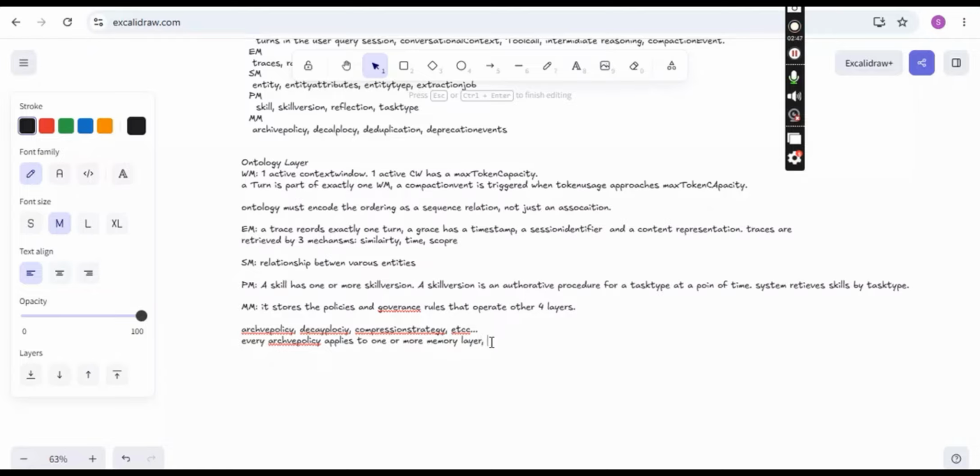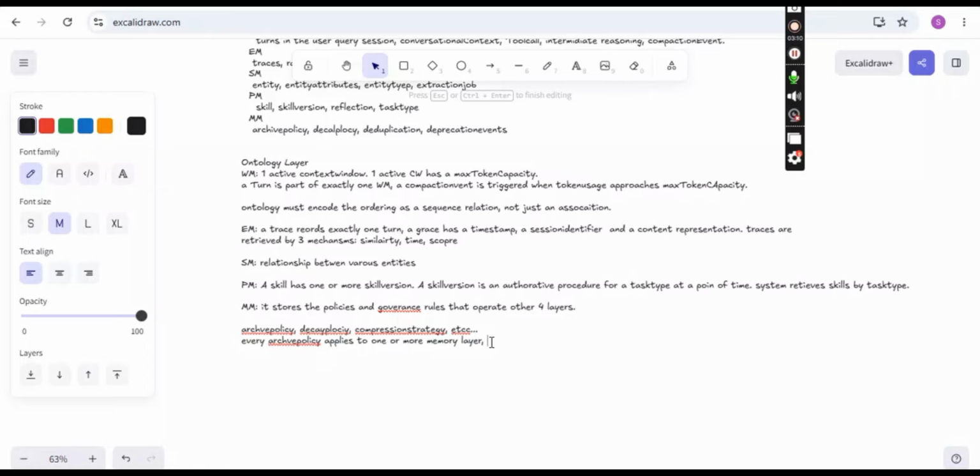If something is a duplicate, that also it will handle. A decay policy defines a decay function over time and a threshold below which a trace or entity is archived or deleted. A threshold trigger fires a meta memory operation when a monitored memory crosses a defined value.